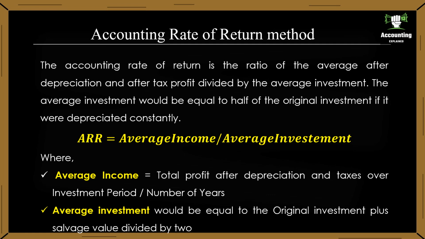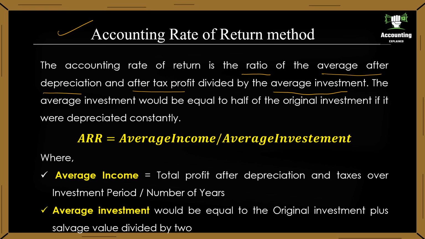Formula for finding ARR. The accounting rate of return is the ratio of the average after-depreciation and after-tax profit divided by the average investment. So it is the total profit after depreciation and taxes divided by the average investment.